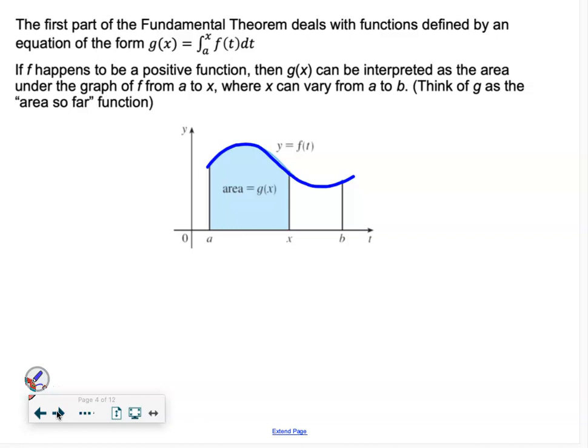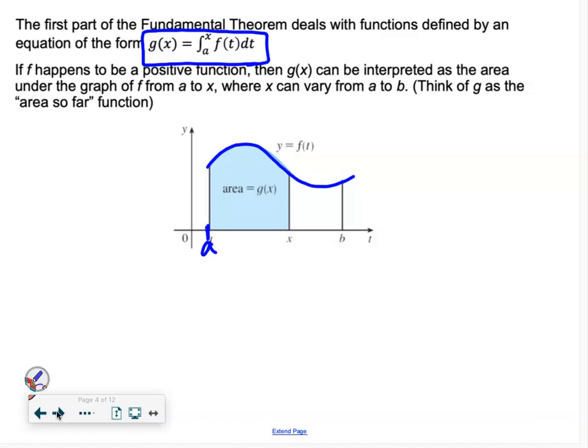We are defining a new function called g of x, where g of x is the integral from some constant a to some input variable x under f of t dt. So g of x is now like an area finding function. So it's a function where you input an x value and what you get out is the area from a to x under the graph of f.